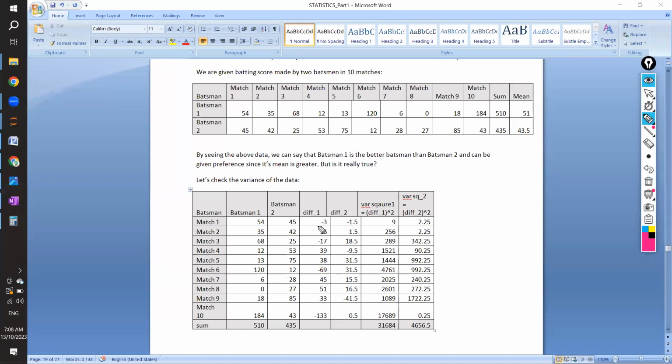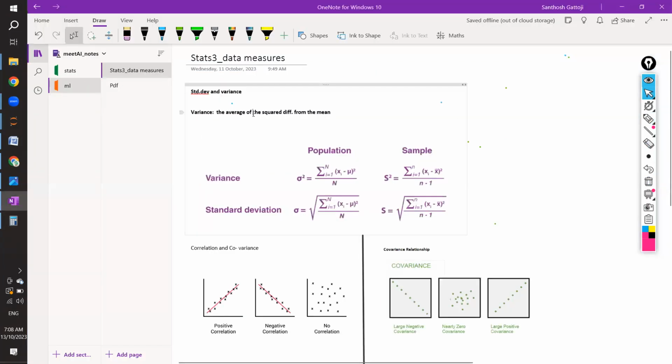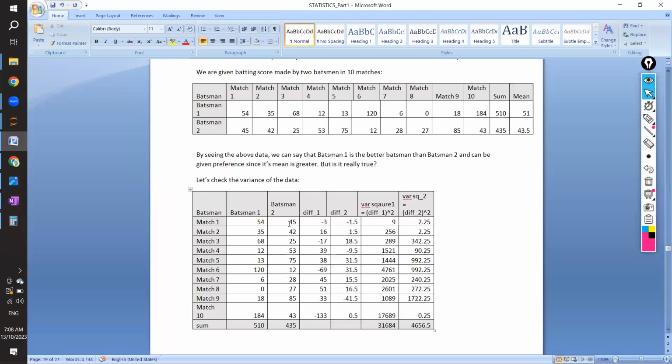That's why we are squaring. Minus 3 squared is 9, 16 squared is 256. For every difference 1, the square value is this, and for every difference 2, the square value is this. So this is the difference and this is the squared difference from the mean.